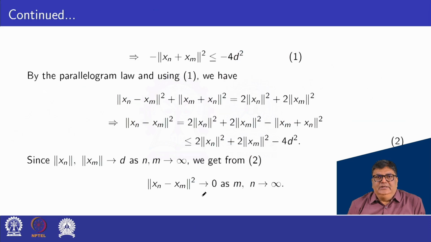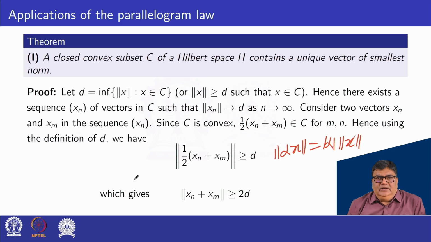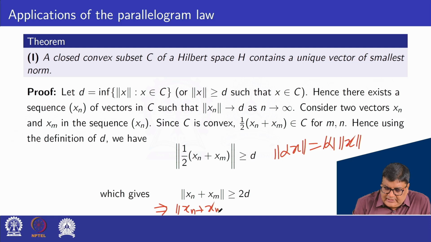This can be written as norm of (x_n plus x_m) squared greater or equal to 4d squared.